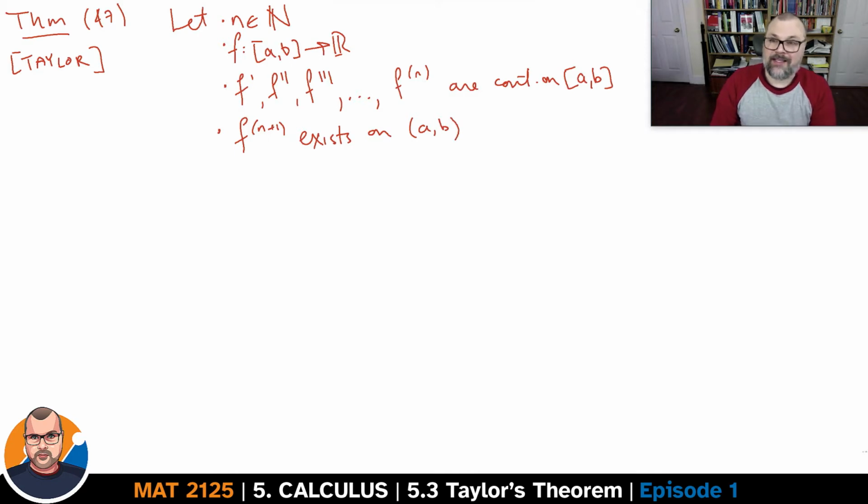Of course, when I say that these derivatives are continuous on the closed interval [a,b], I'm also saying that they exist on the interval. For a general function, even if the function is continuous, there is no reason to suspect that the derivative would be continuous. So asking for these derivatives to be continuous is actually a pretty strong requirement.